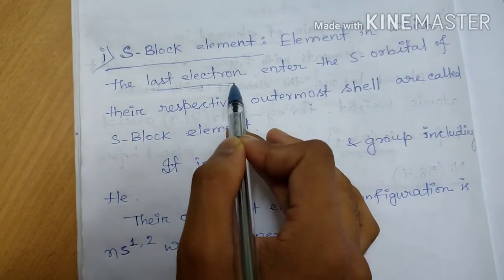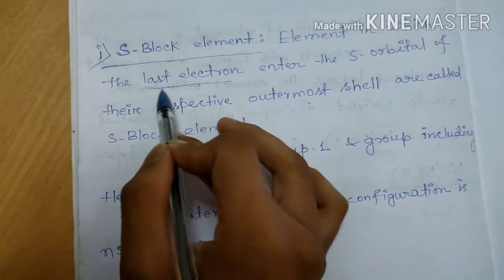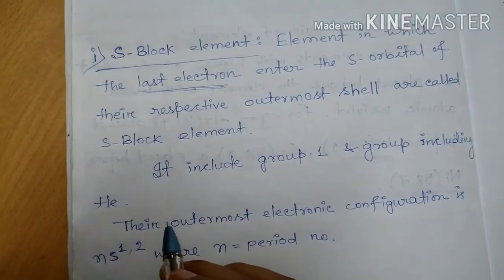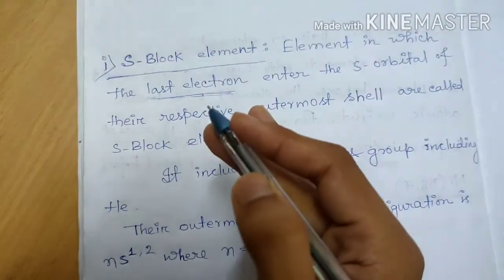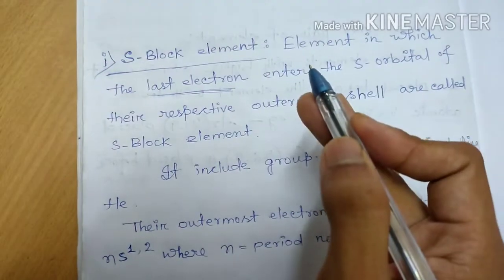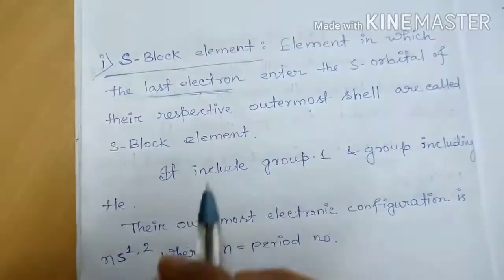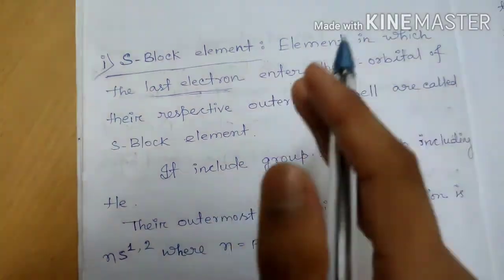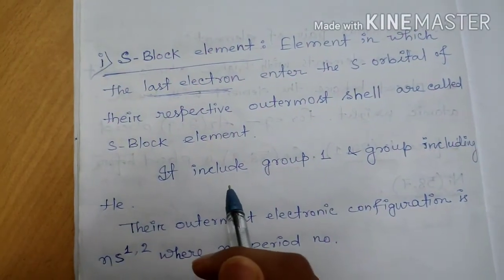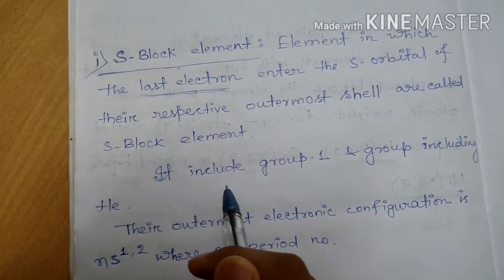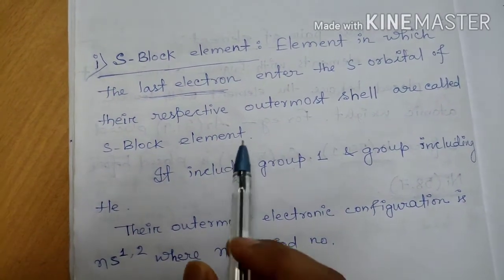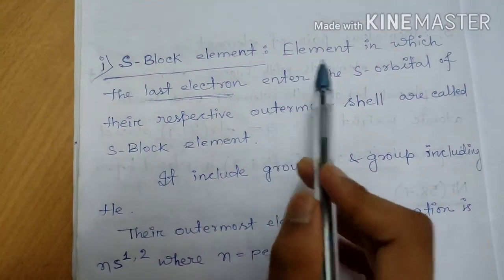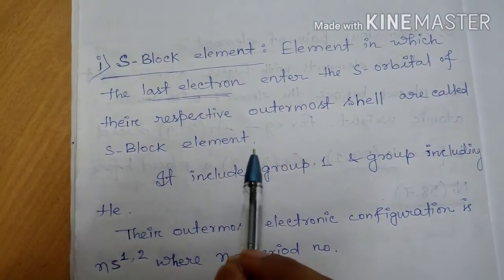So the elements whose valence electron enters the s orbital of the outermost shell are called S block elements. This is the definition of S block element.